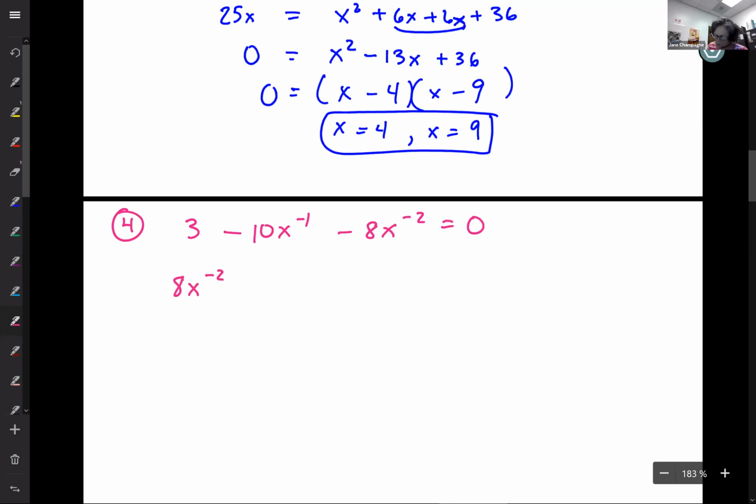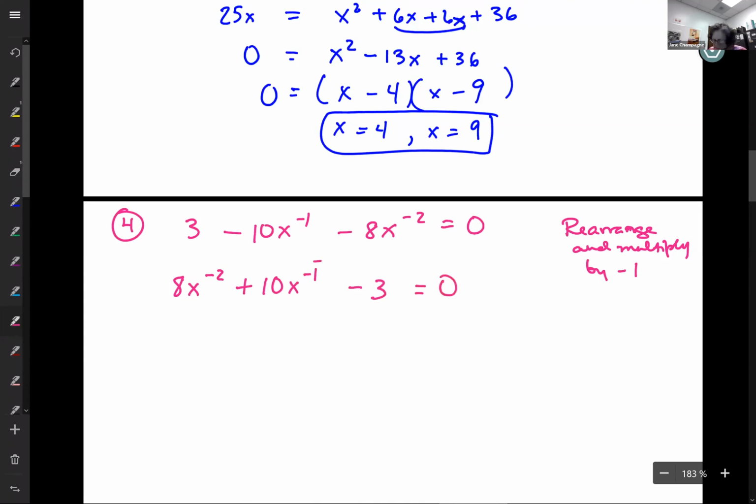So I'm going to rearrange and multiply both sides by -1. So I'm going to get a positive 8x to the -2 plus 10x to the -1 minus 3 equals 0.